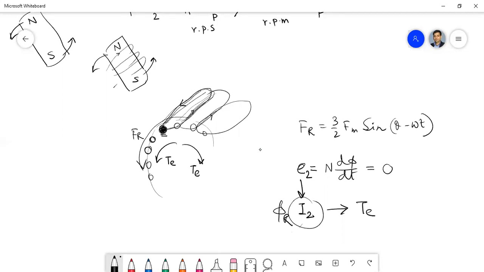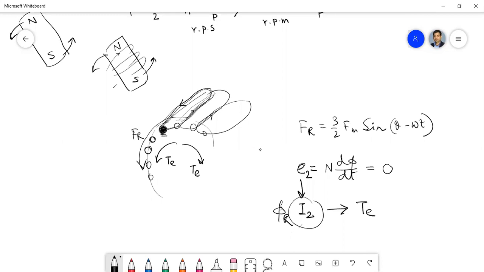Changing flux? No. The root cause is the relative speed between the rotor and the rotating magnetic field. If the relative speed becomes 0, you will have the torque 0.